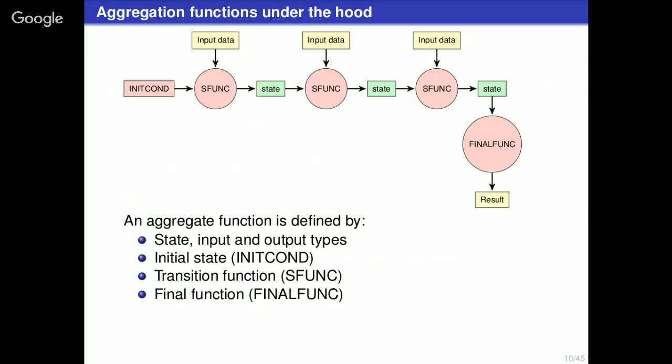It accepts a state variable as an argument and an input value as a second argument, and it returns us the next state value. And the final value of the state variable is converted to the result using the final function.